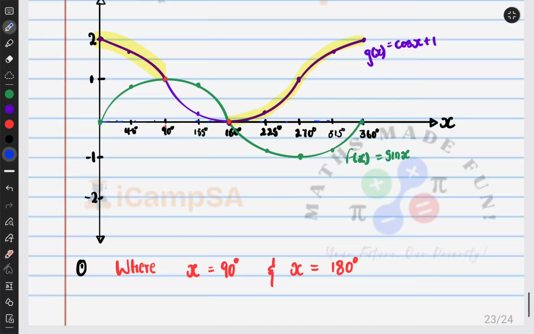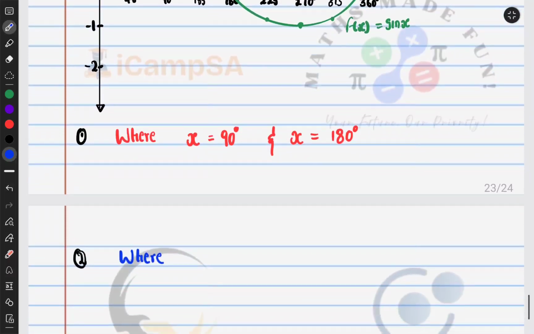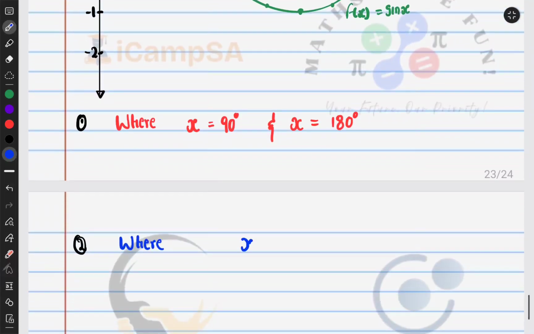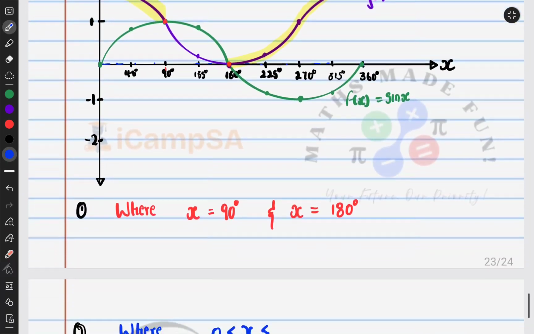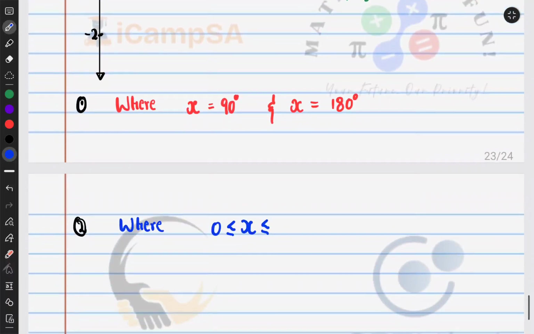First thing first, that first interval where x is greater or equal to 0, but less or equal to 90 degrees.